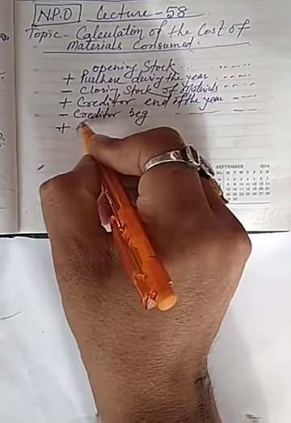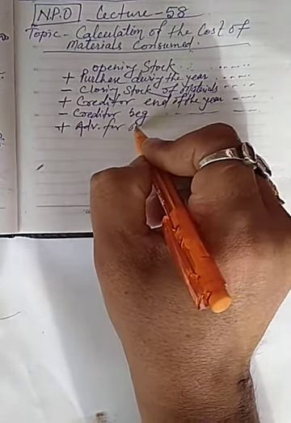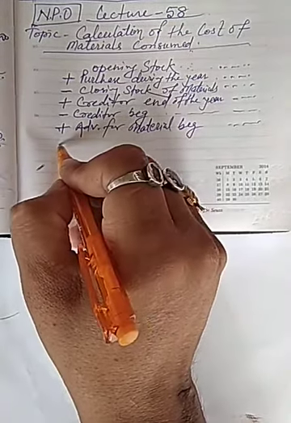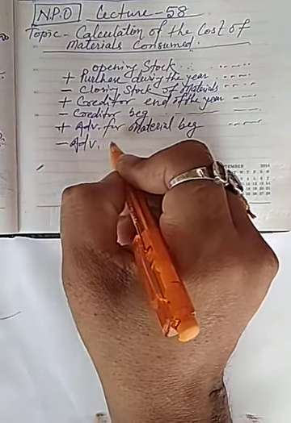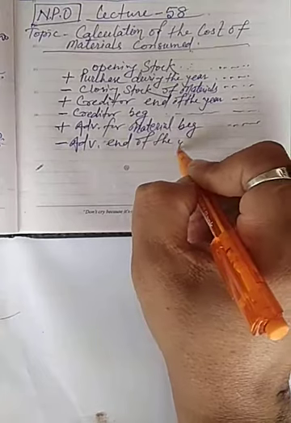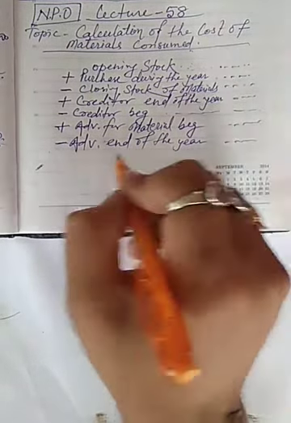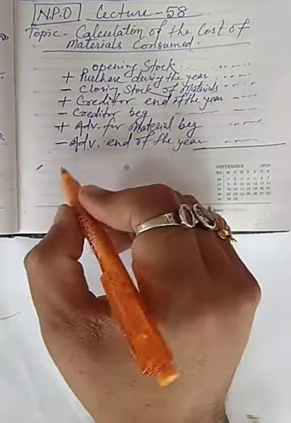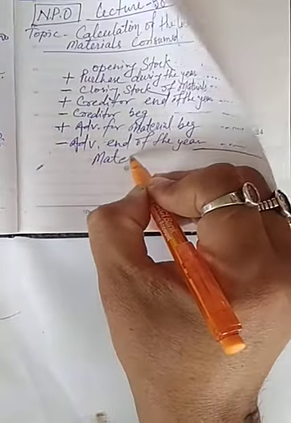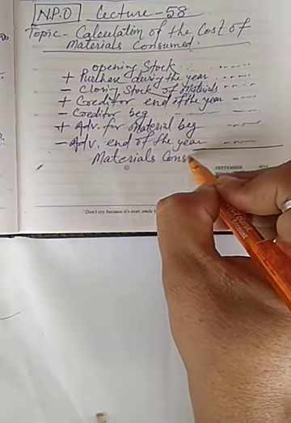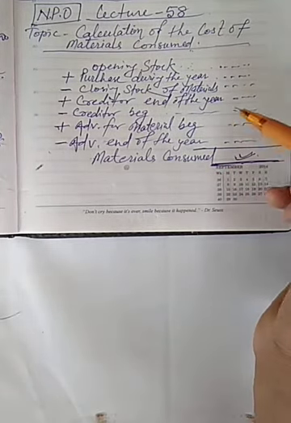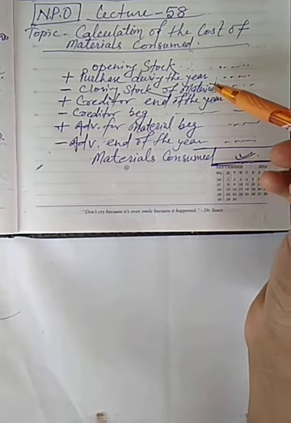If advance for material at the beginning is given, it will be added, and if advance at the end of the year is given, then it will be deducted. After it, we will calculate, and it will be materials consumed during the year. So we can say this is the format of calculation of material consumed.